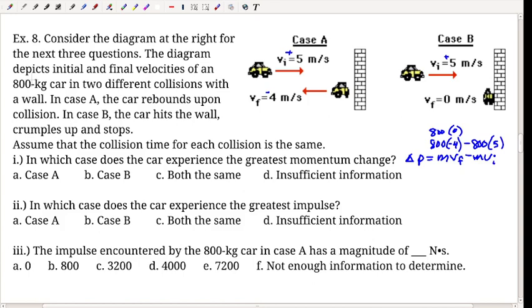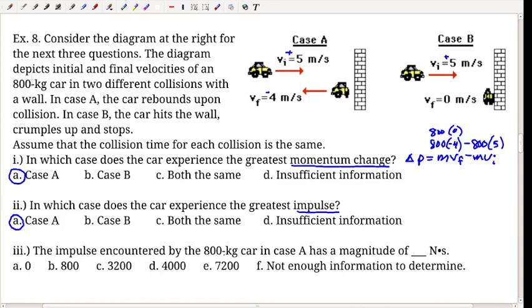So case A has a bigger change in momentum. Question number 2, in which case does the car experience the greatest impulse? Well, impulse is the same thing as the change in momentum or momentum change. So car A has the greatest momentum change, then car A experiences the greater impulse.